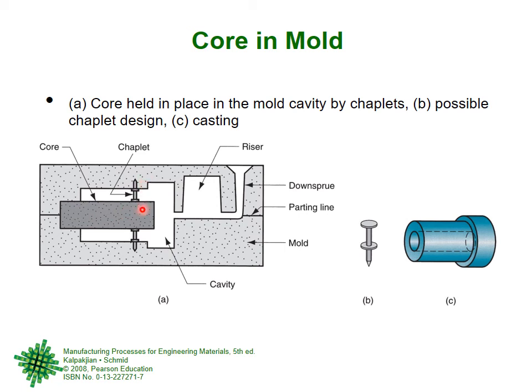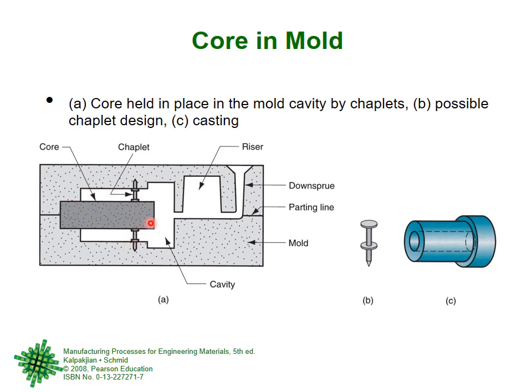One technique, if you see already, is that some portion of the core is already inside the sand mold, isn't it? So you make this cavity in the sand mold so that you can push the core all the way there. So one side is already held. And the other side, which could go up and down because of the fluid pressure and so on, you hold by chaplets, right?